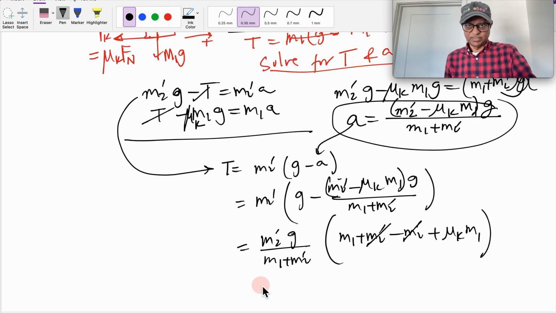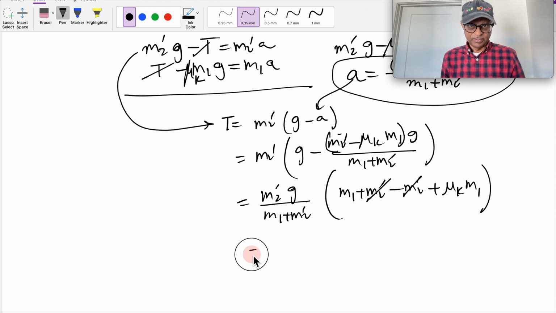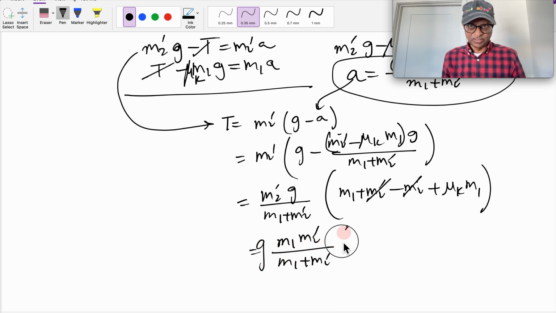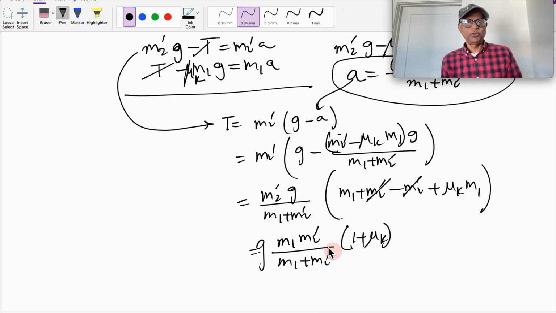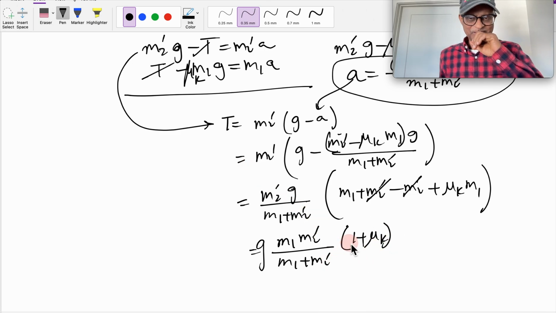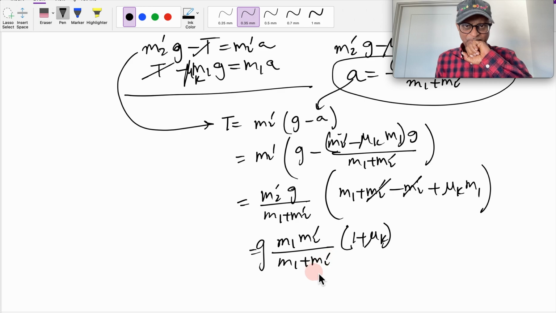And so this is M1 M2 prime over M1 plus M2 prime, g times 1 plus mu k. I hope I've done the algebra right, because I didn't really do it earlier. And if there's an error in the algebra, you can just correct it. Okay.